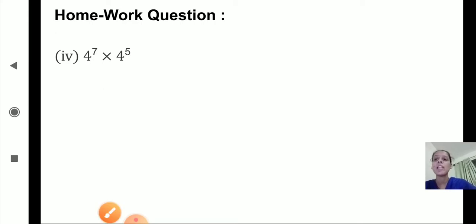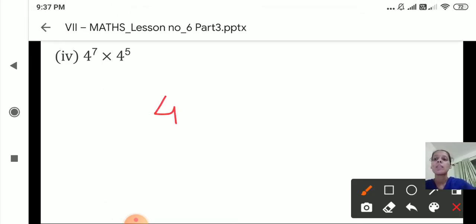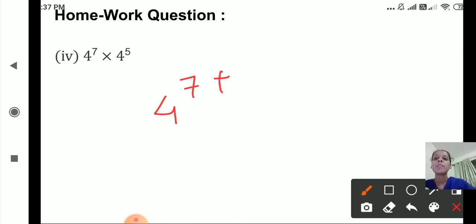Yes, you will add the index. So 4 we will write down only once, and here it is 7 and here it is 5. So you will add 7 plus 5, that is 12, right? So what is the answer? 4 raised to 12.